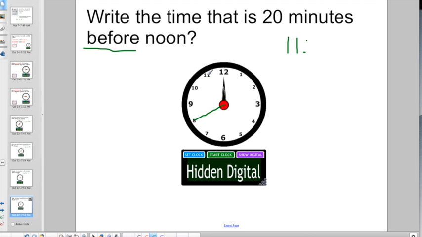Here's 20 minutes. 5, 10, 15, 20 before noon. So it's 11 what? 5, 10, 15, 20, 25, 30, 35, 40. It's 11:40. Is it AM or PM if it's before noon? Noon is where PM starts. It's still before that. This is an AM tag.